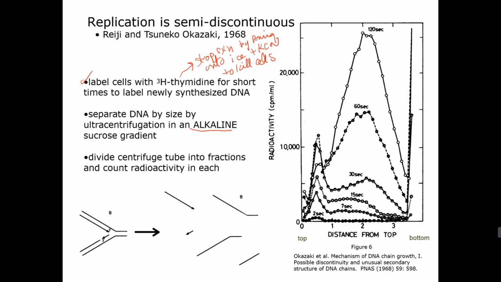and so the idea with an alkaline gradient is that the alkali denatures the DNA. Okay, so why does this alkaline gradient, which really has a high pH, denature DNA?